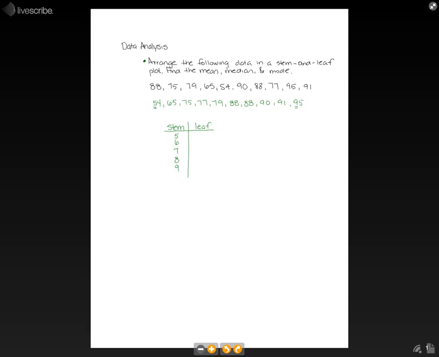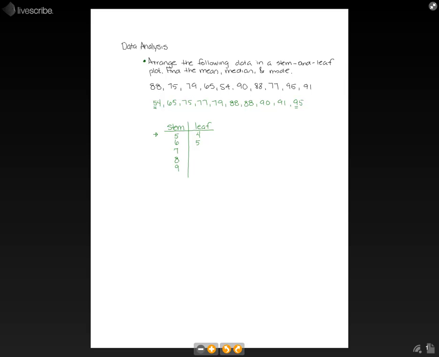Now we go through, and for every number that is in the tens digit that we're looking for, we write down the ones digit that correlates. So for example, the first thing we have is 54, so we're going to be in the 5 stem, and the ones digit is 4. For 6, we have one number in the 60s, and that's 65.